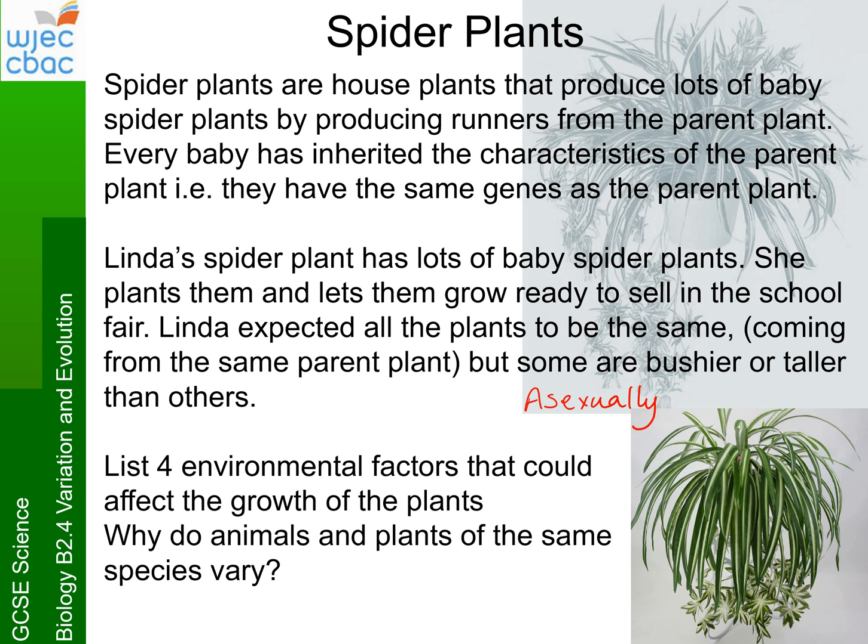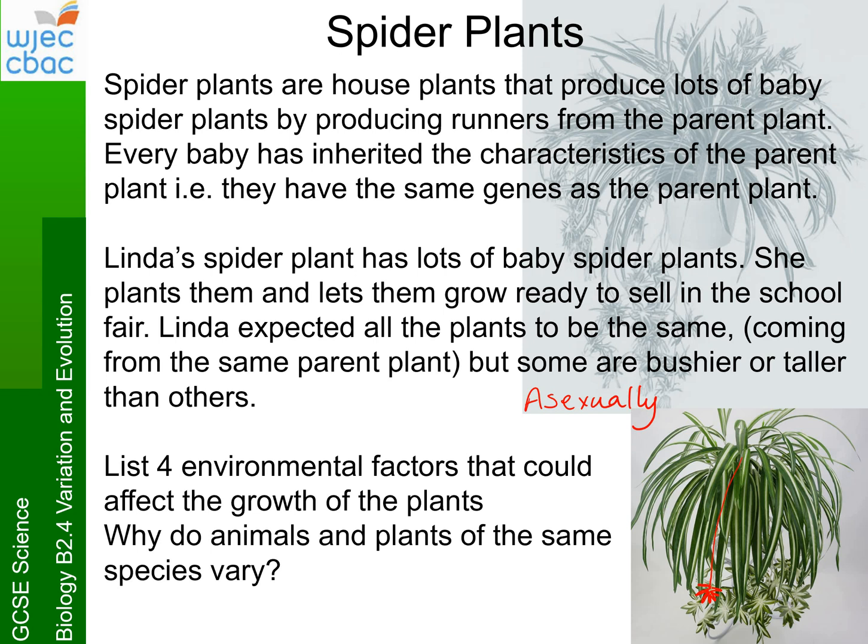So we can see that coming off of the spider plant, there are these stems, and at the end of the stems, there are little baby spider plants. If we pulled one of those off and planted it into some soil with some water, they would grow into brand new spider plants. And what would be special about these baby spider plants is that they would all be genetically identical to the parent from which they came.